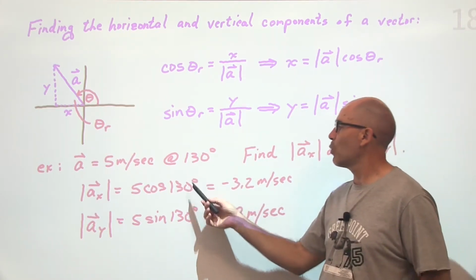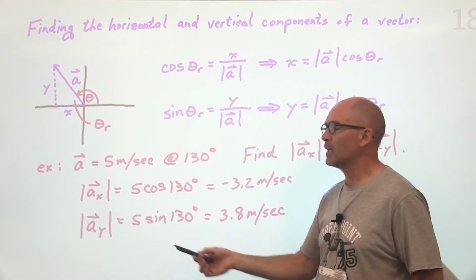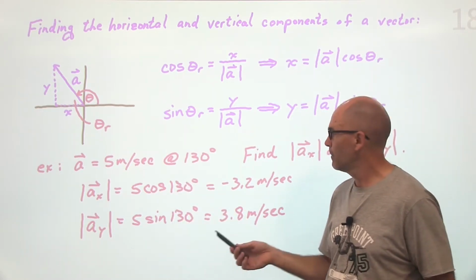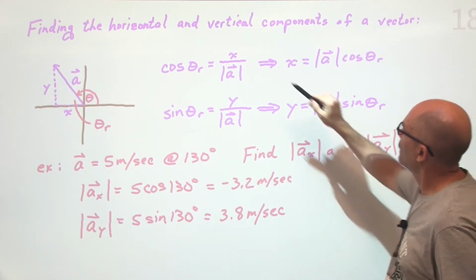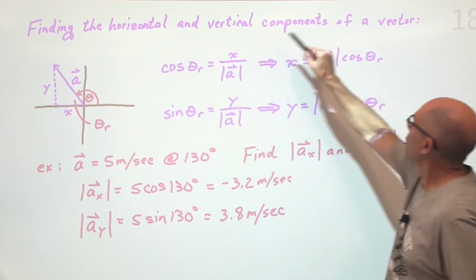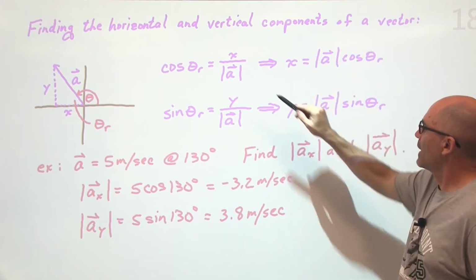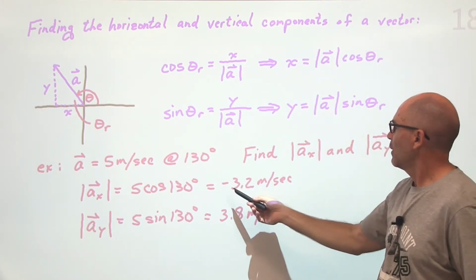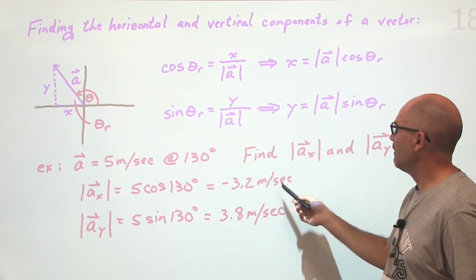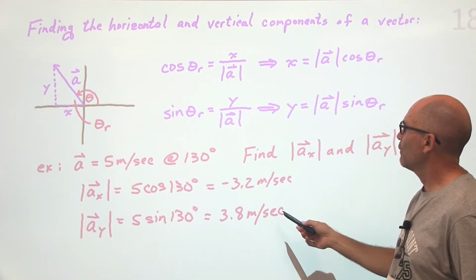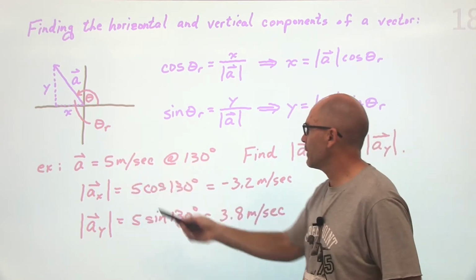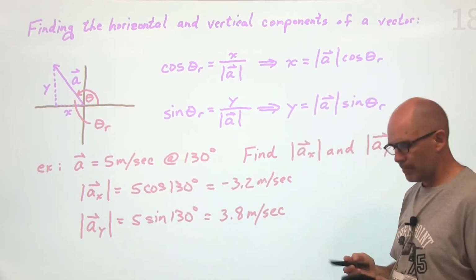But if you just use the 130 degrees, your sine and cosine will take care of the signs. So basically what we've done is found the horizontal and vertical components of vector A. So 3.2 meters per second left and 3.8 meters per second up gives you a total vector of 5 meters per second at 130 degrees.